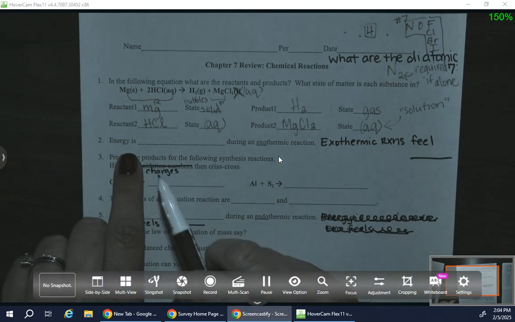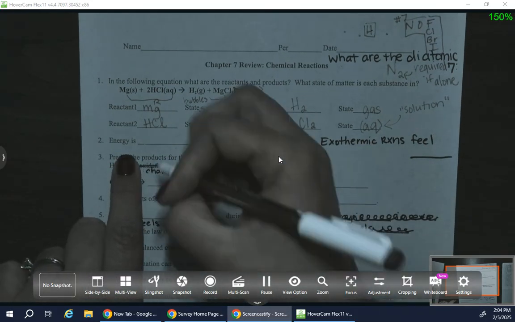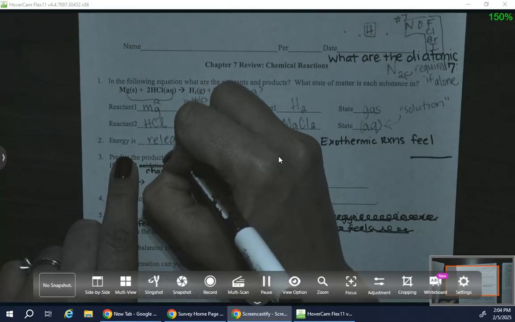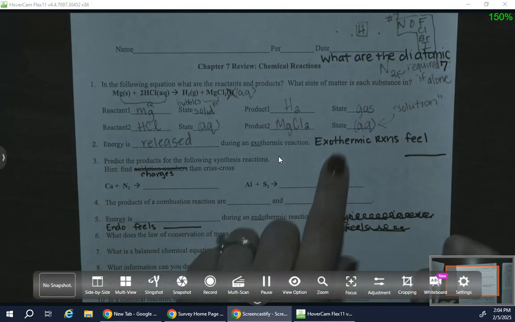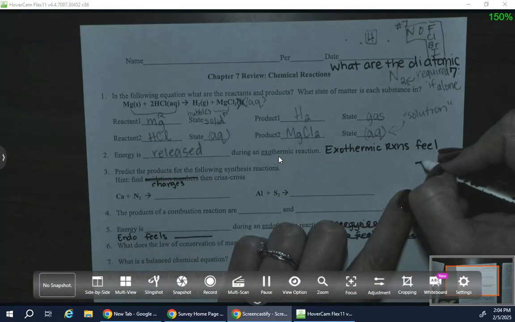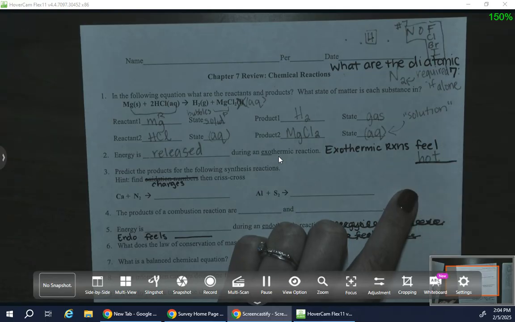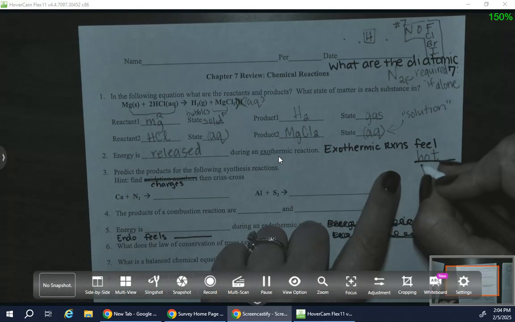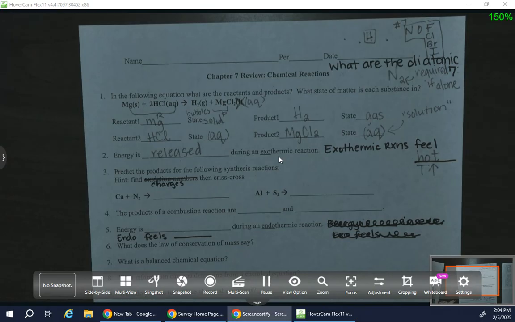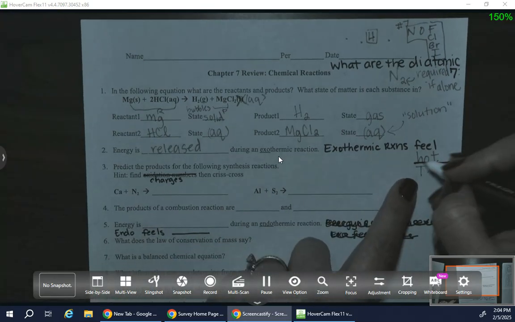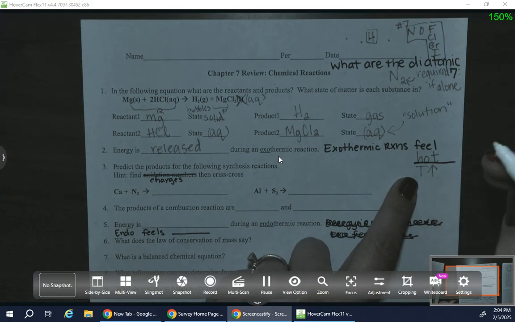All right. During an exothermic reaction, energy is released. Exothermic reactions feel hot. Okay, so temperature is going up because basically what's happening is energy is being released into the thermometer, and that's what raises that temperature up.